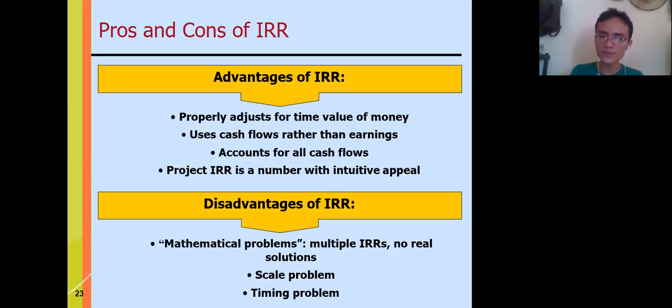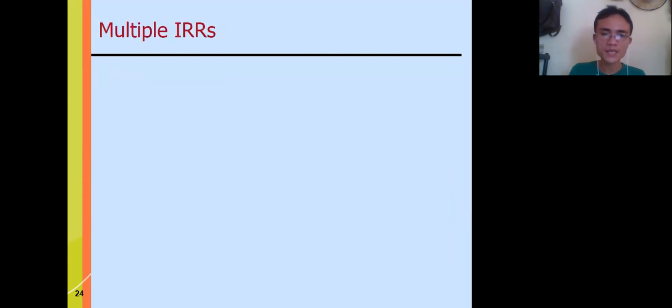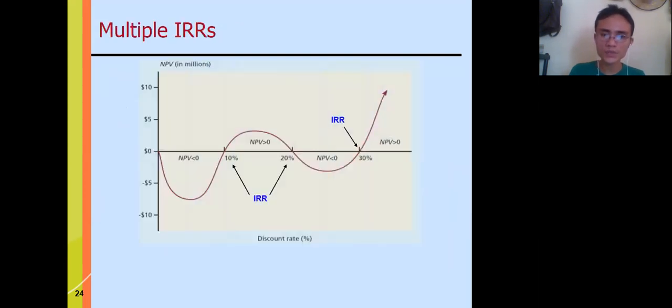Those two problems, scale and timing, really occur in different projects or proposals. Next, multiple IRRs occur when there are multiple cases where the cost of investment is equal to the present value of cash flows. In fact, we can see it here: 10%, 20%, 30%.